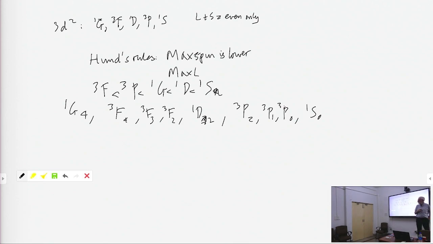So those are all the term values. 1, 2, 3, 4, 5, 6, 7, 8, 9 of them. Are they odd or even? Sorry, they're all the levels. These are the term values. Odd or even? Any offers? What's L for D?